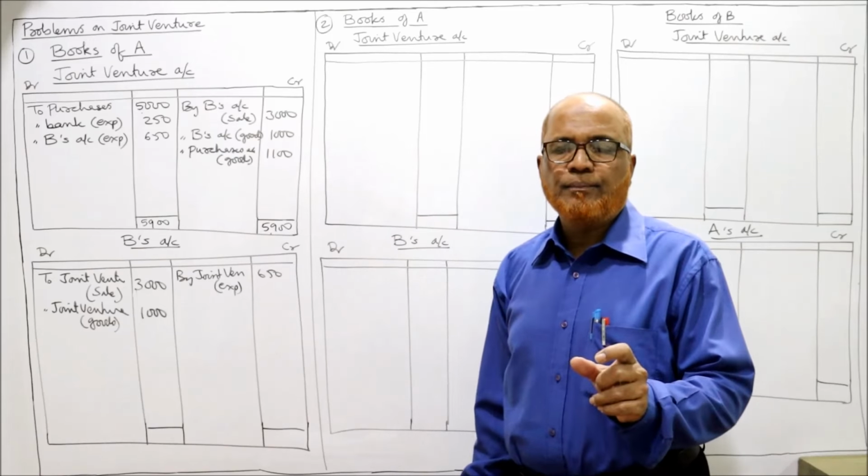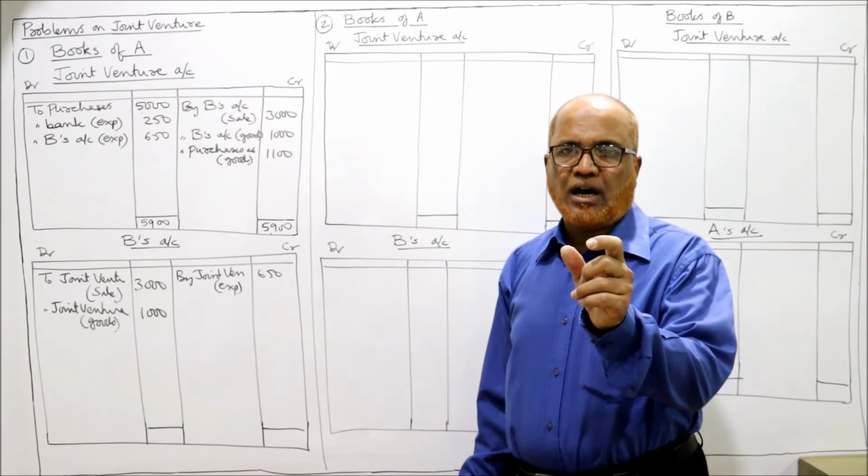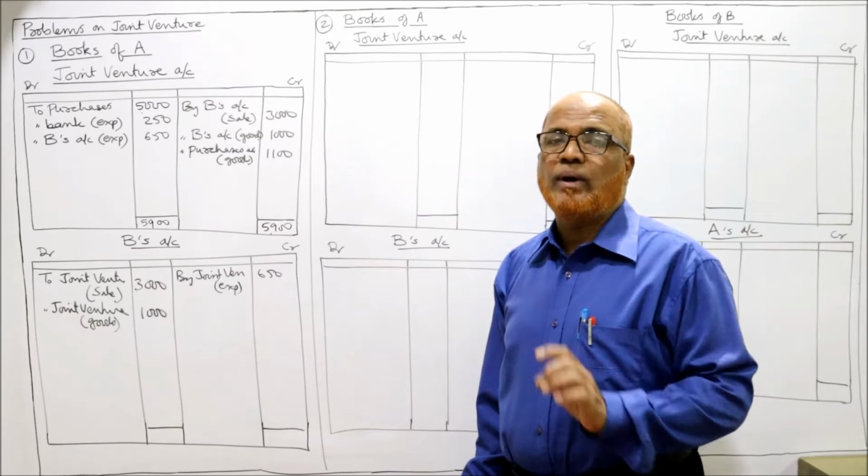So what is the entry here? Profit and loss account debit, B's account debit to joint venture.